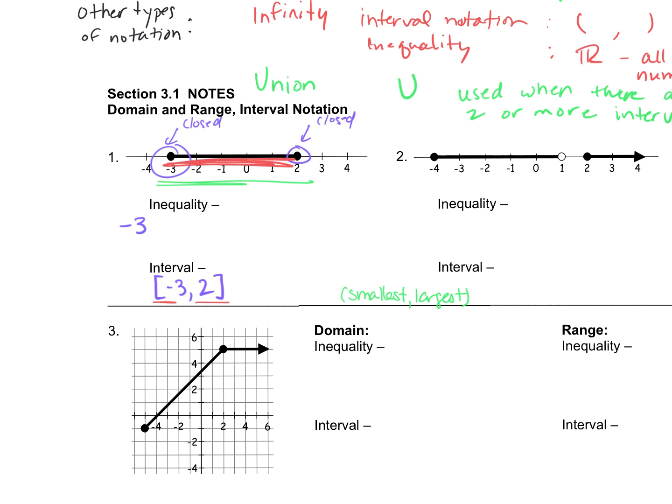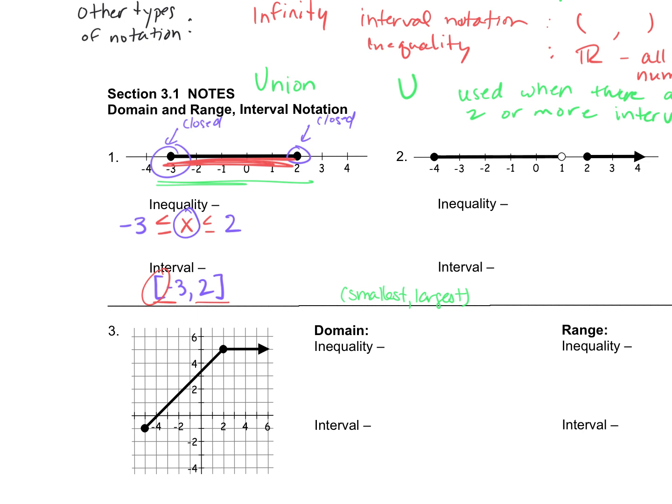So we will write the inequality going in this direction. -3 is less than or equal to x, and it's equal to because of this symbol here. It's closed, so it's included, and x is less than or equal to 2. Now, the variable will always be in the middle, and then you always have the inequalities going in this direction.